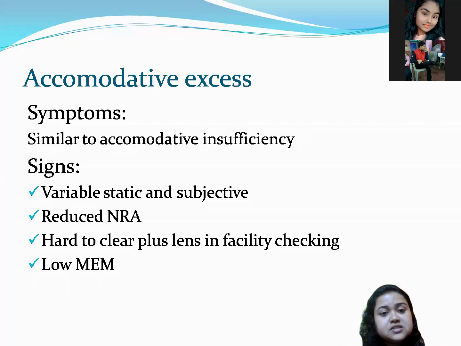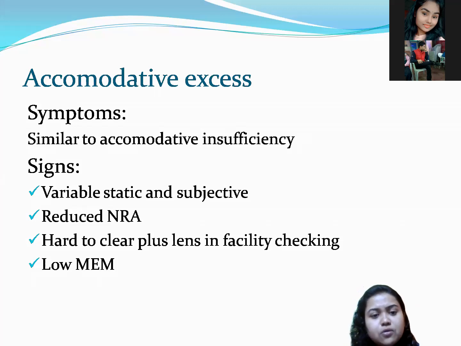He will first utilize his positive fusional vergence reserve. Only then will his accommodation reserves be active. Once the fusional vergence reserve gets exhausted, then he will use his accommodative abilities to clear the target. That is the thing. All this convergence and accommodation act together, and it is very hard to separate them. You cannot separate them.